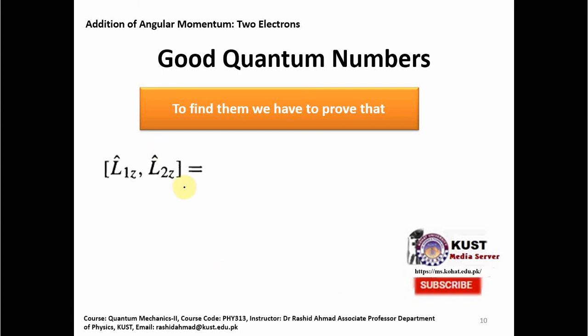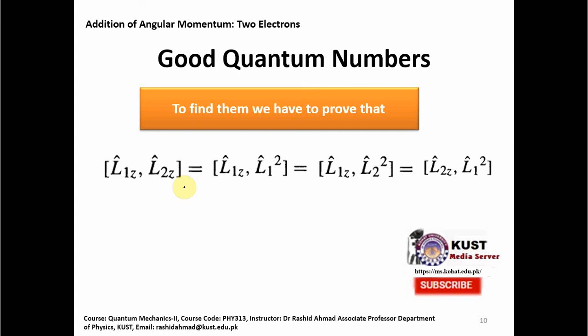So L1Z and L2Z should commute, that is, the commutator is equal to 0. Then L1Z with L1 square, L1Z with L2 square, L2Z with L1 square, all possibilities, L2Z with L2 square, and all of them must be equal to 0. Now if you want to explicitly calculate these commutators, some of them are very simple.